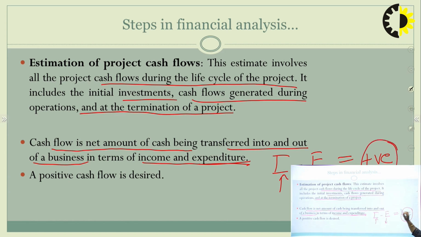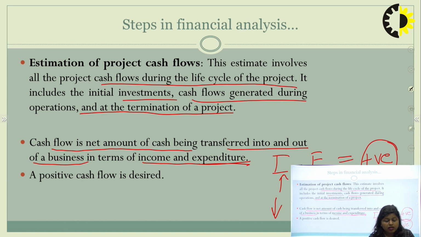Positive cash flow means we are in profit, and definitely we can go for that project. But if we find during the estimation that our income is low and expenditure is more, then it results in a negative cash flow. Negative cash flow means we are in loss, or we will have a loss in future.